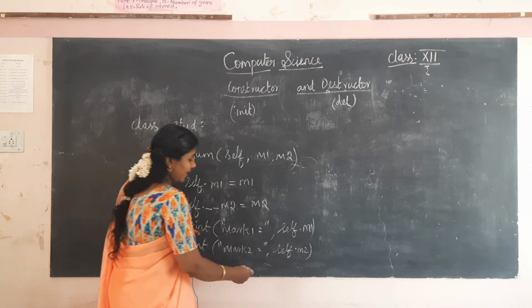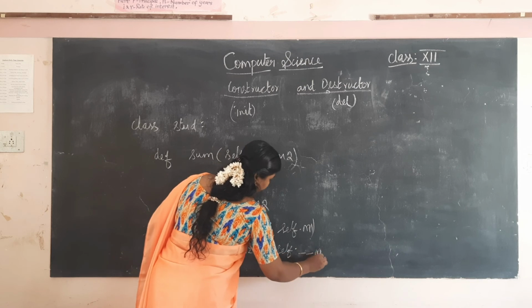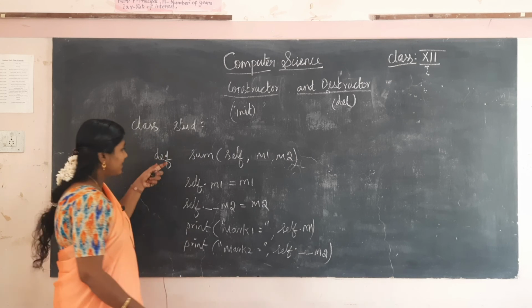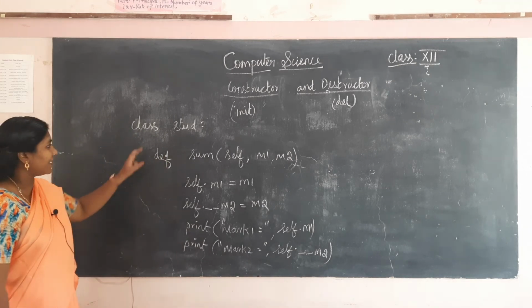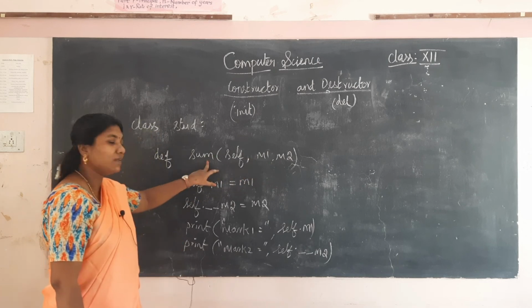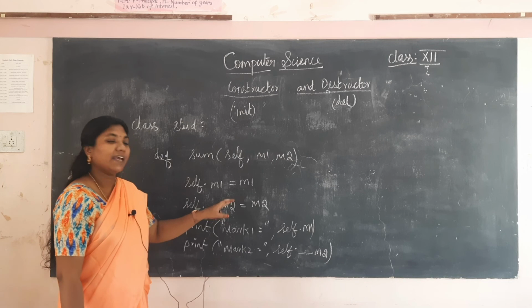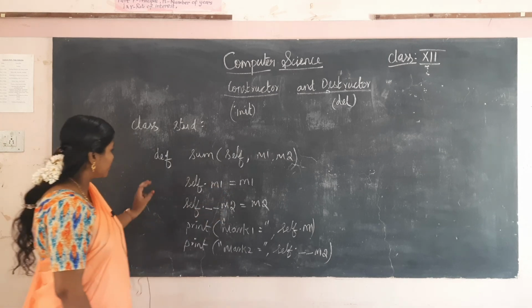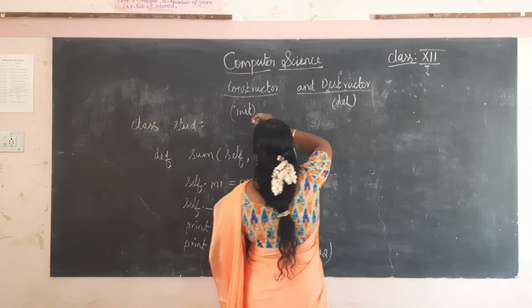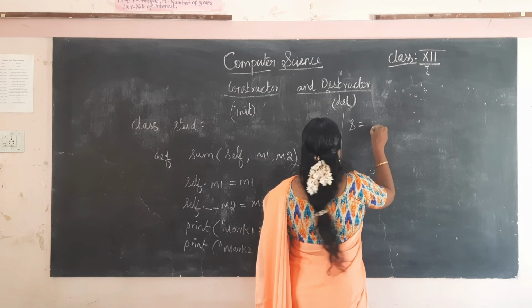Here I have to give self dot double underscore m2 because it is a private variable. Within this I have finished my class. I have two variables within the function sum, m1 and double underscore m2. Now let me have one object for the class: s is equal to student.